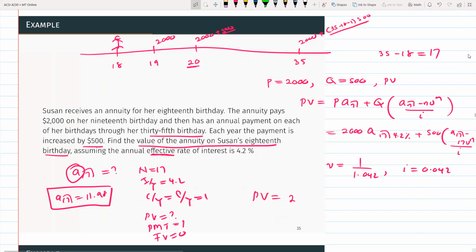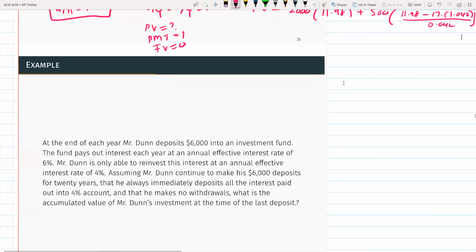So P is 2000, A17 is 11.98, Q is 500, A17 is 11.98 minus 17 times 1.042 to the negative 17 over 0.042. Okay, that's how you do that kind of problem.